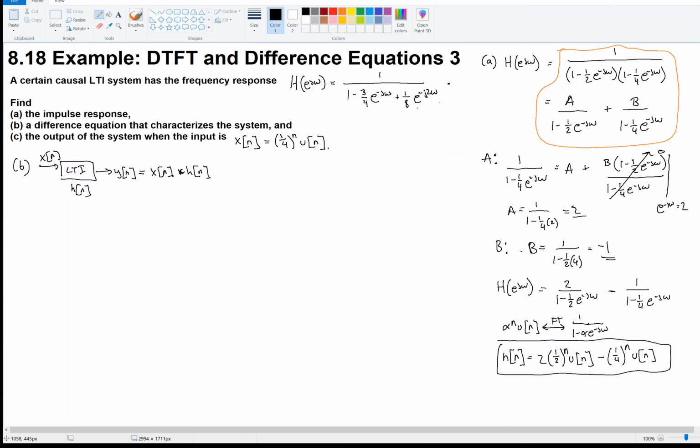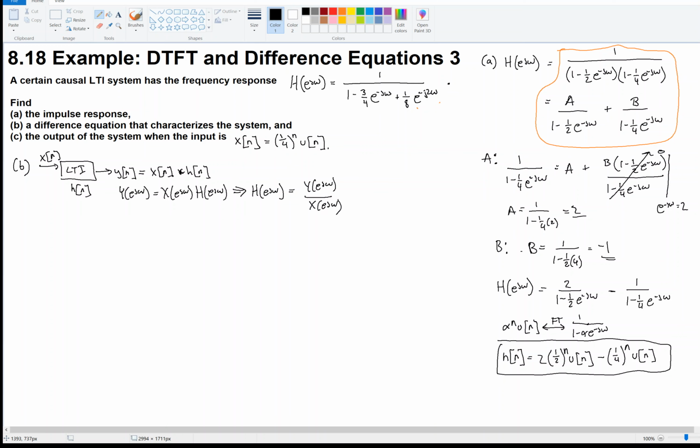Now, the convolution property of Fourier transforms tells us that convolution in time is multiplication in frequency. So I can write capital Y is equal to capital X times the frequency response. In other words, H, the frequency response, is the ratio of Y to X.